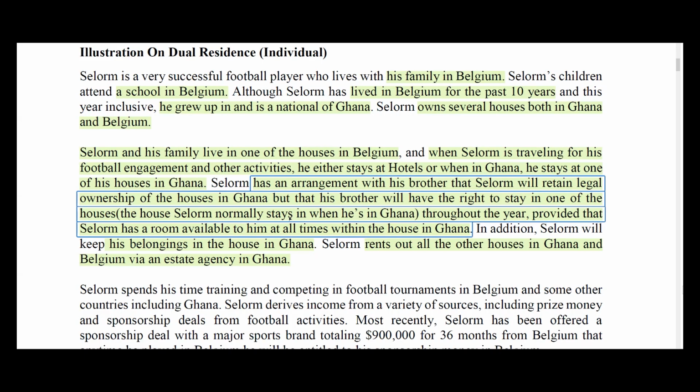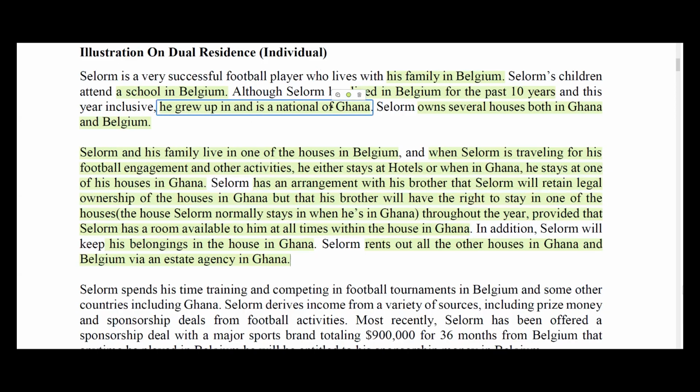Let's break the tie. There was no doubt about his nationality. It was straightforward. They said it. Salom is a national of what? Ghana. Have we broken the tie?